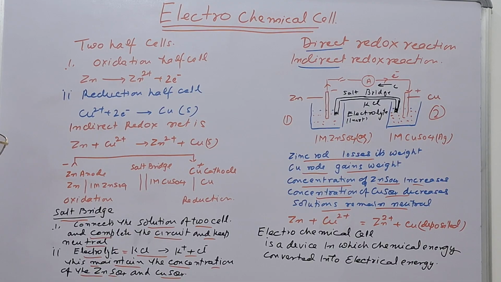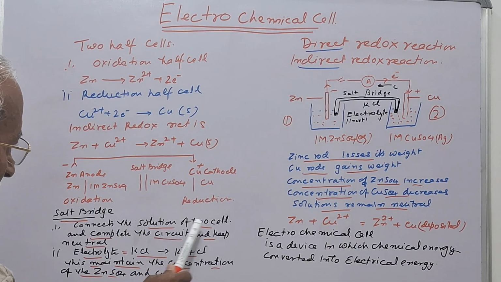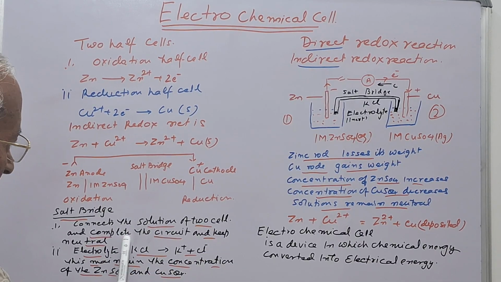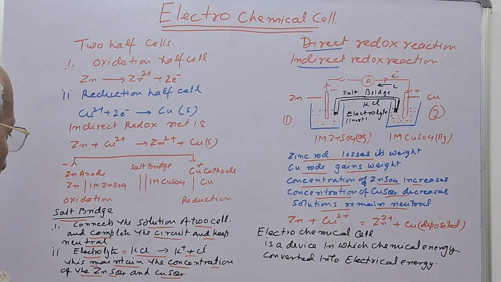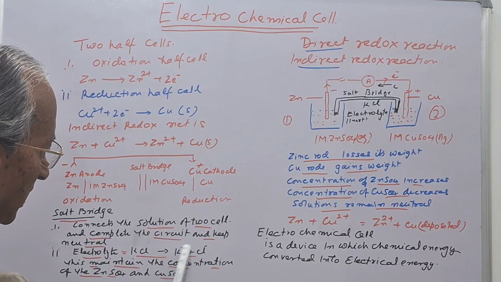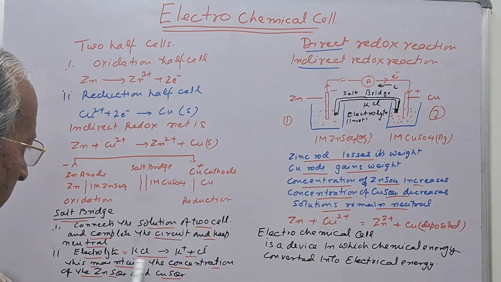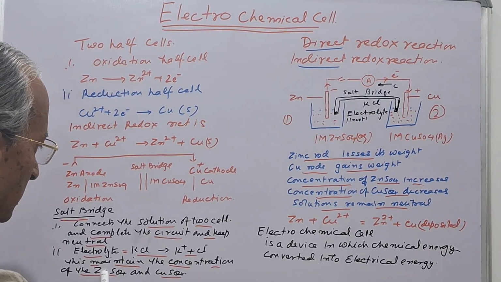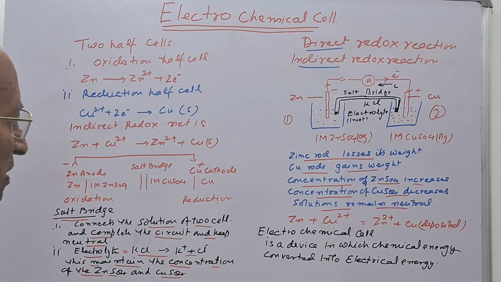So the salt bridge connects the solutions of the two cells, completes the circuit and keeps them neutral, and the electrolyte KCl, which gives potassium and chloride ions, maintains the concentration of the zinc sulfate and the copper sulfate.